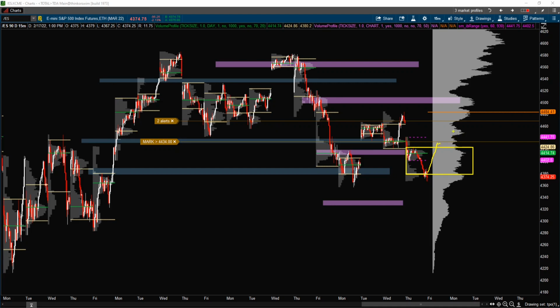You see that there is a high volume node here, and here's a low volume area. So it could come in here, bounce around, and then push back into this point of control near the 4414, 4400. I expect to see a pin somewhere around here at the 4400 tomorrow. These are just some of the methods that I use to analyze the chart and look for a possible level to target.